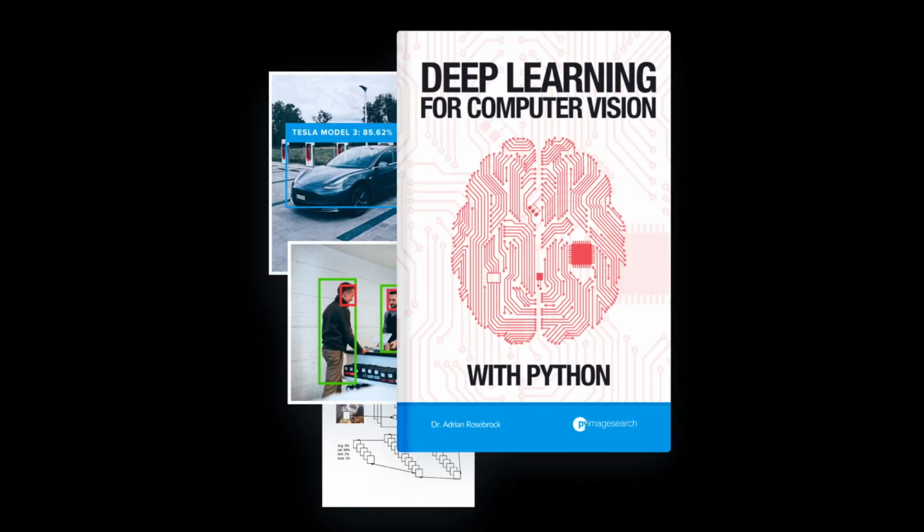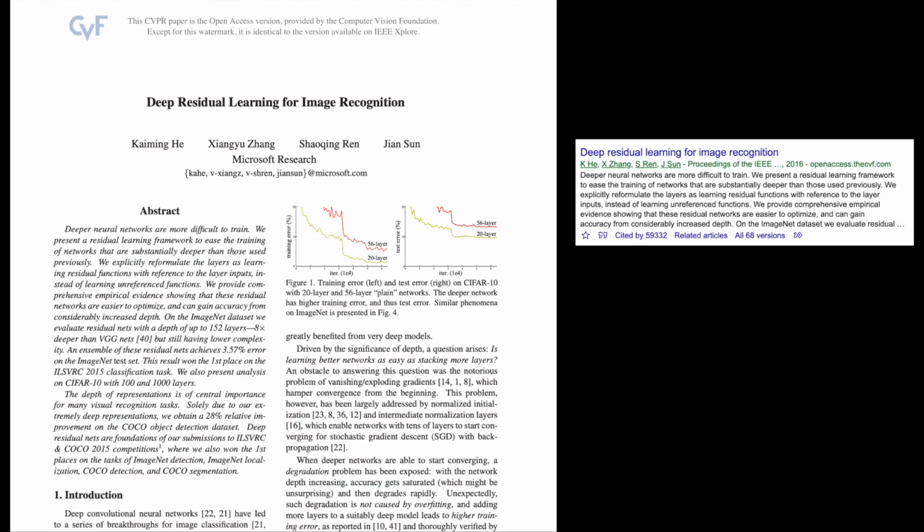But in the past 5 to 8 years or so, with the advent of deep learning, computer vision has changed radically. One of the major advances here is the ability to use convolutional neural networks to identify key points in a much more robust way. One of the major breakthroughs in using deep learning for image classification and object detection was the paper on deep residual learning for image recognition, published in 2016 at CVPR.